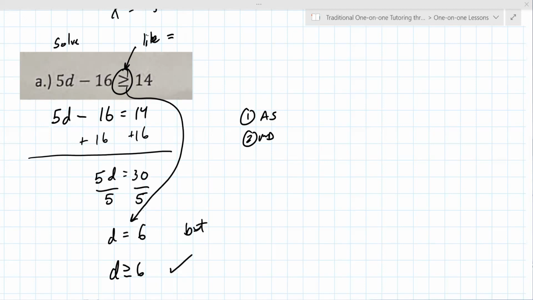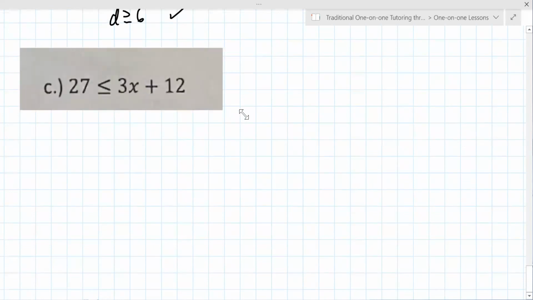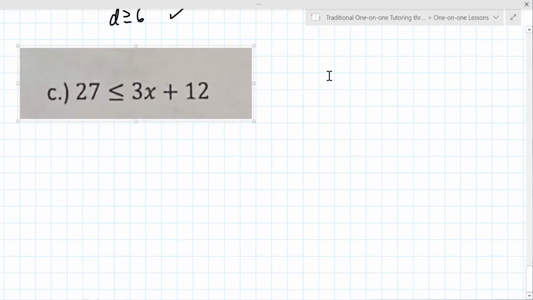All right, we're actually going to go to part C next. Okay, so this one could appear different. The variable is now on the right, but you undo addition and subtraction before you undo multiplication and division.